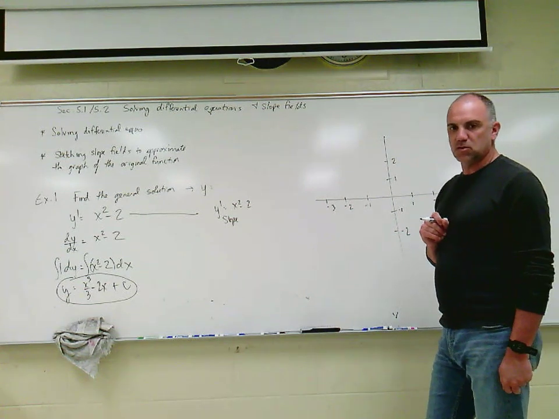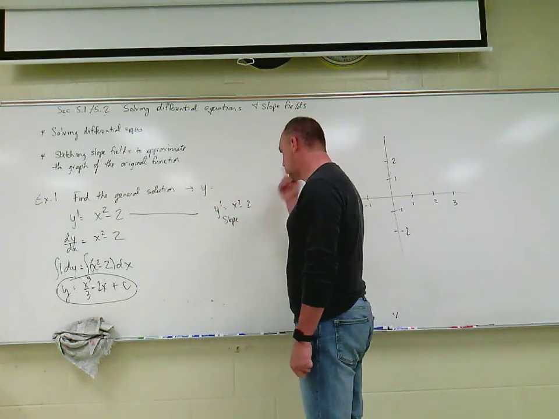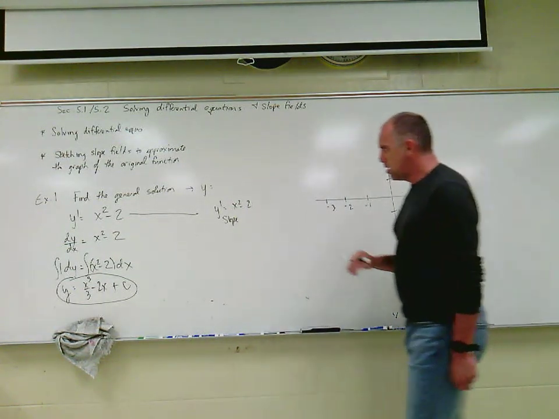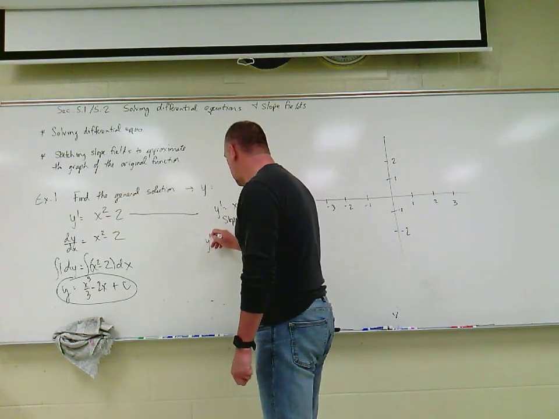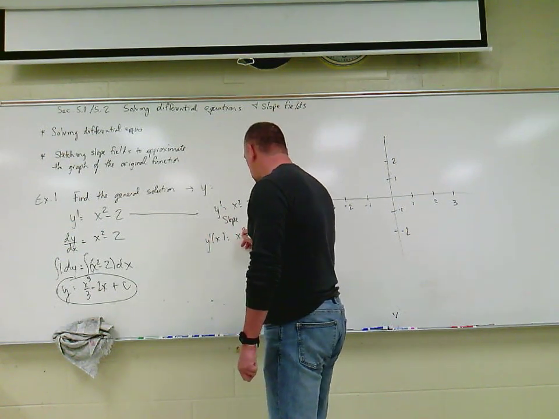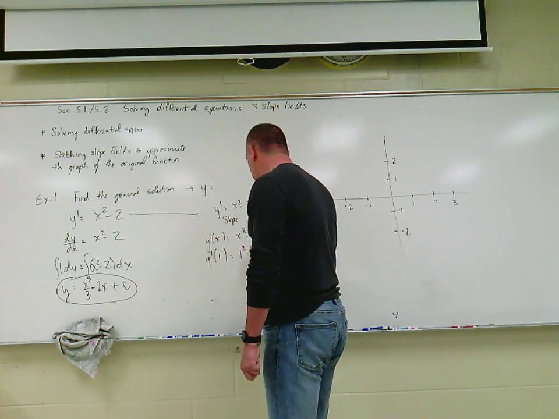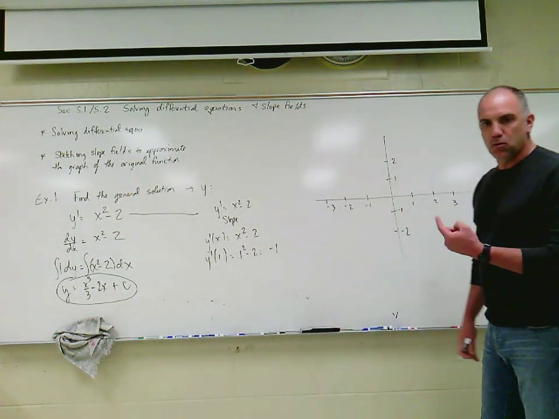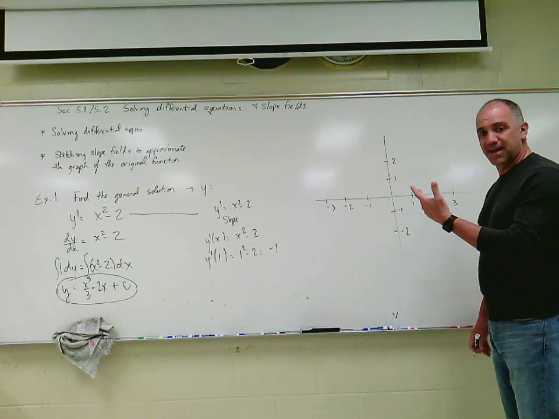It says your slope is x squared minus 2. So if I go over here where x is 1 and plug in a 1, y prime of 1 is 1 squared minus 2, which is -1. So we know that the slope has to be -1 when x is 1.